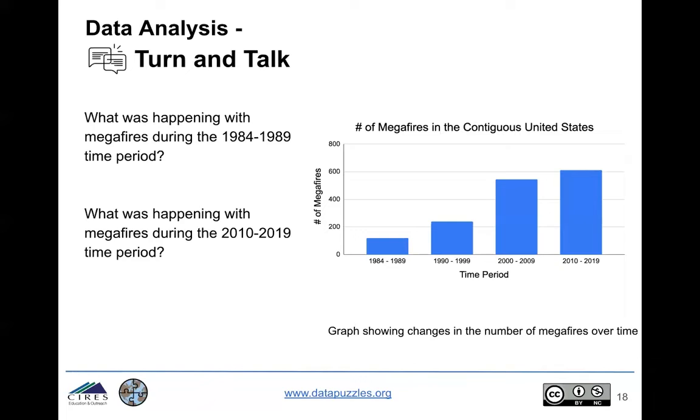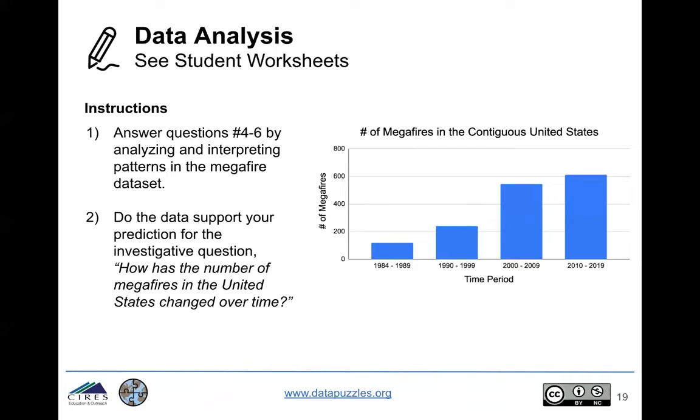Looking at this graph, it's pretty clear that the answer to this question, how has the number of megafires changed over time, is a pretty dramatic increase in the number of megafires over time. You wouldn't tell that to students as you're talking through this particular slide. That's for them to figure out in questions 4 through 7, where they're asked to identify patterns, explain those patterns, and then revisit their prediction for the investigative question, how has the number of megafires in the United States changed over time?